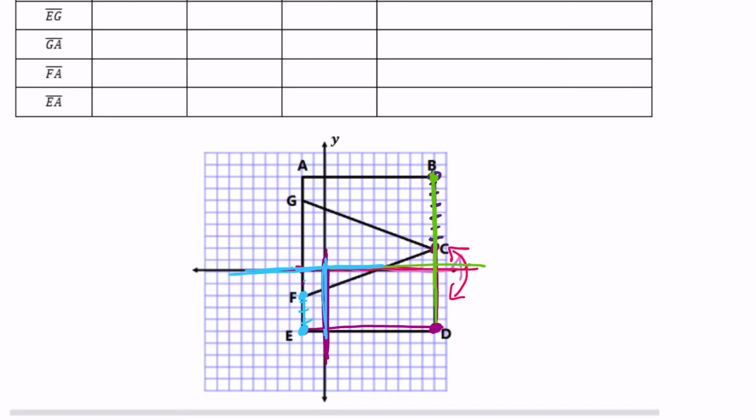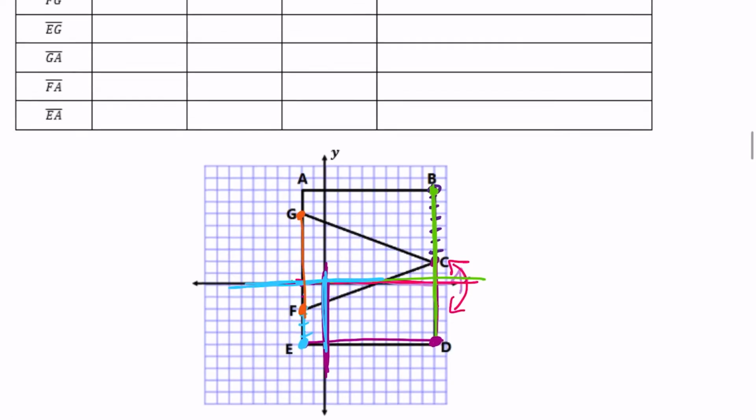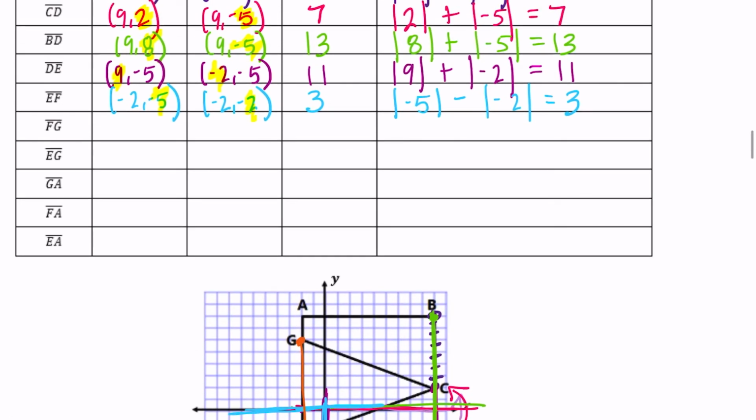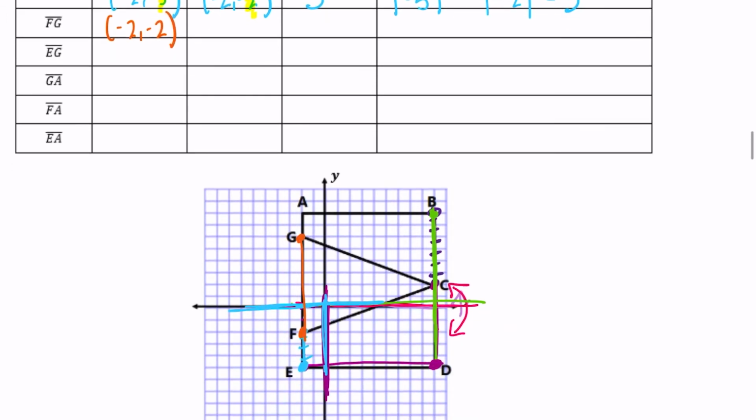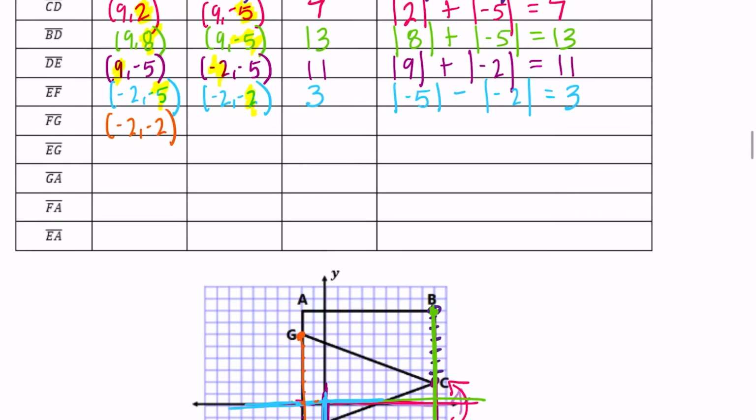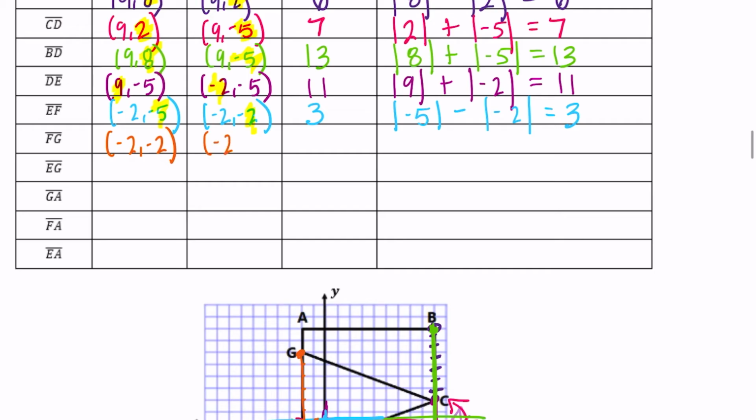FG. There's FG right there. So the coordinate for F was negative 2, negative 2. And the coordinates for G are 2, 1, 2, 3, 4, 5, 6. So negative 2, 6.